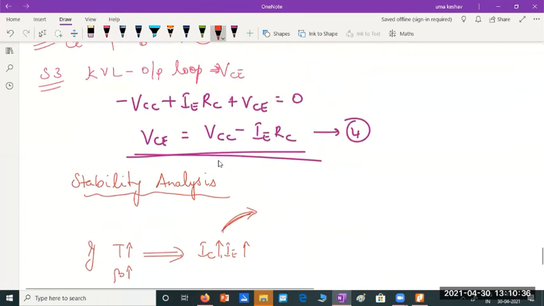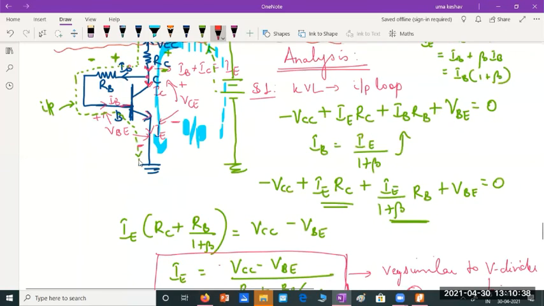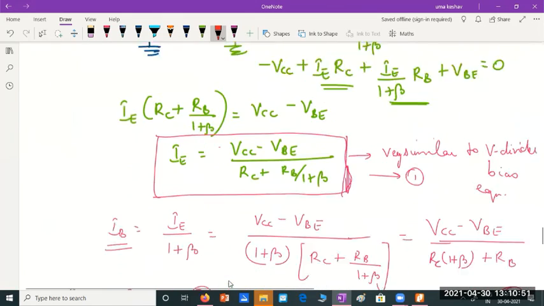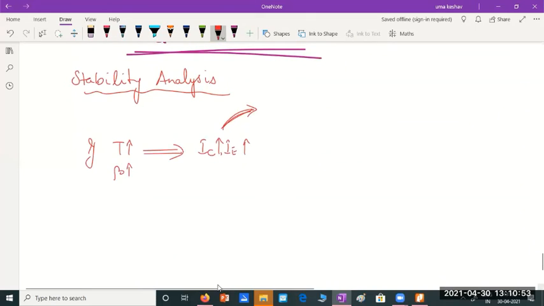So if IC or IE increases, what happens to this drop across the resistor RC? It is IE into RC, it will surely increase. Yes or no? If IE increases, IE into RC, the drop across RC will increase.